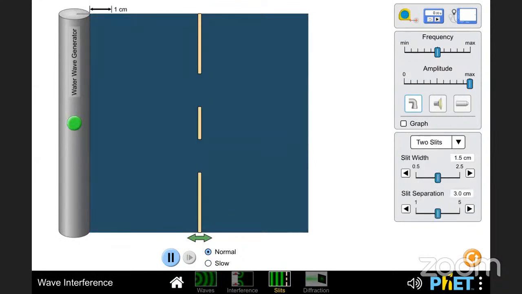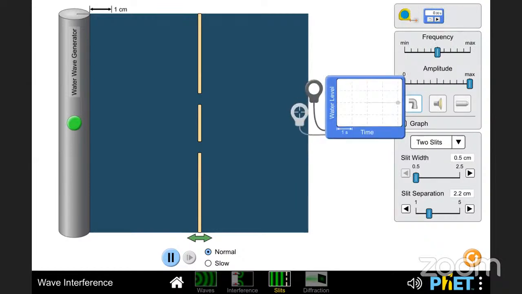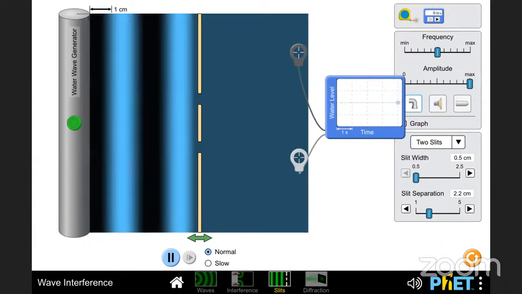I'm going to put the two slits now, but I want them closer together. All right, I guess that's the best we could do. Why is this wave so big?